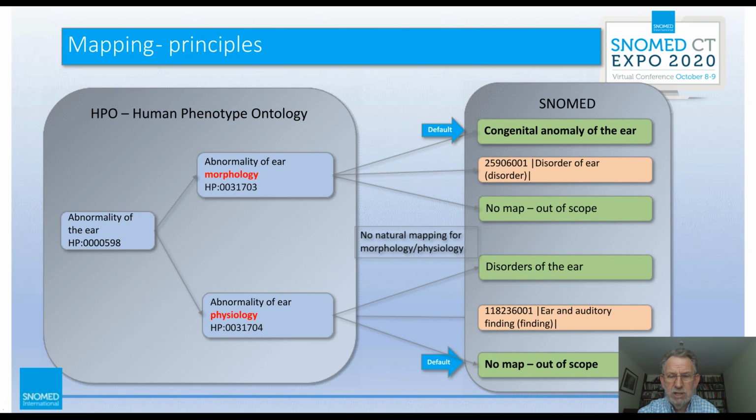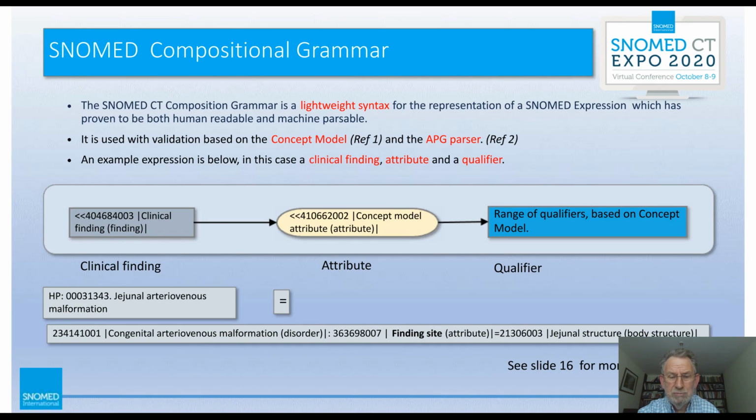In this case, however, they align more precisely to disorders of the ear, mainly just looking at the subtypes and contextual hierarchy. If we look at physiology, most of the time these will probably be out of scope, but here, again looking at the hierarchy, I mapped to ear and auditory findings, not disorders of the ear. So there are options for mapping, but this is very much taken on an individual basis.